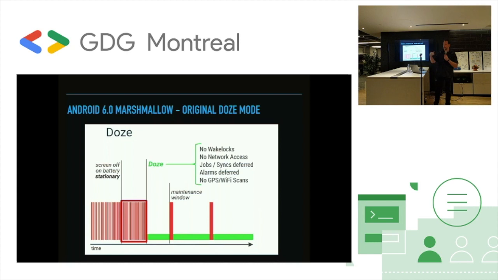And every once in a while, it'll come up to a maintenance window where the device awakens, it lets every app run all of those deferred jobs, and then it goes back into Doze Mode and it saves the battery for a while longer. Key things to note here are the green bars get wider every single time. They're using an exponential backoff to make sure that if the phone's resting for an entire day, it has those maintenance windows less and less often, so it's preserving battery as much as it can.